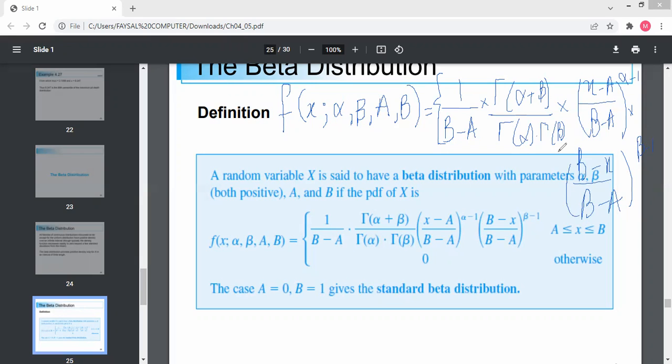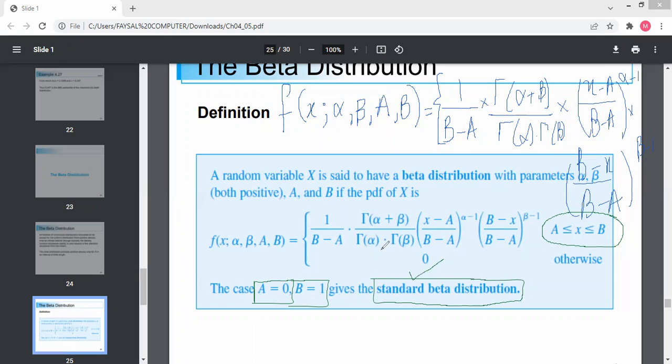The function values are 1 upon B minus A, and the interval is A less than or equal to x less than or equal to B. The case A equals 0 and B equals 1 gives the standard beta distribution.